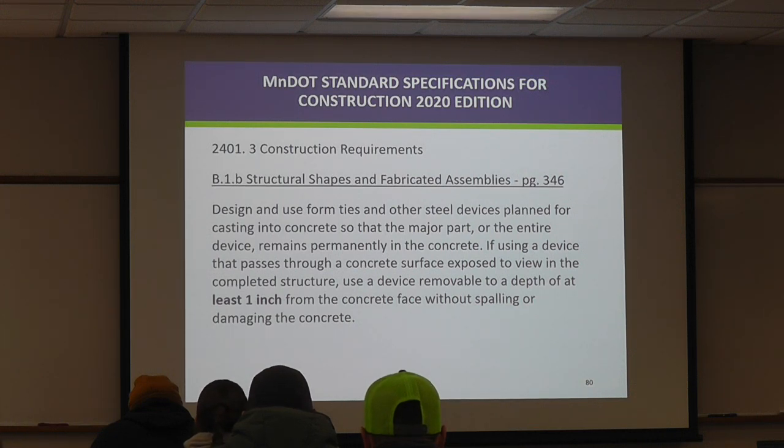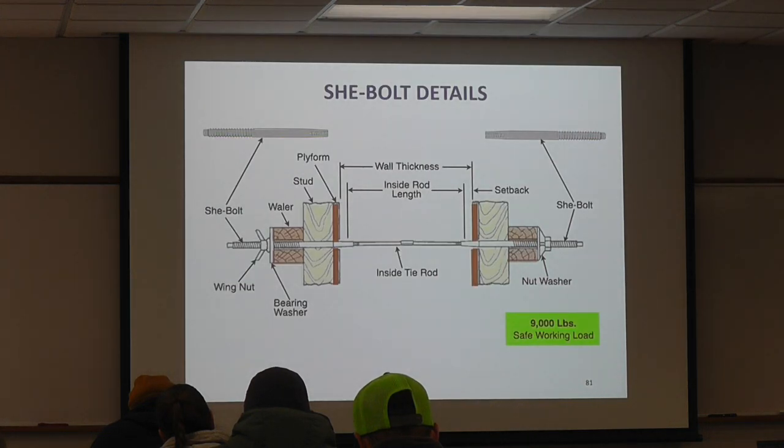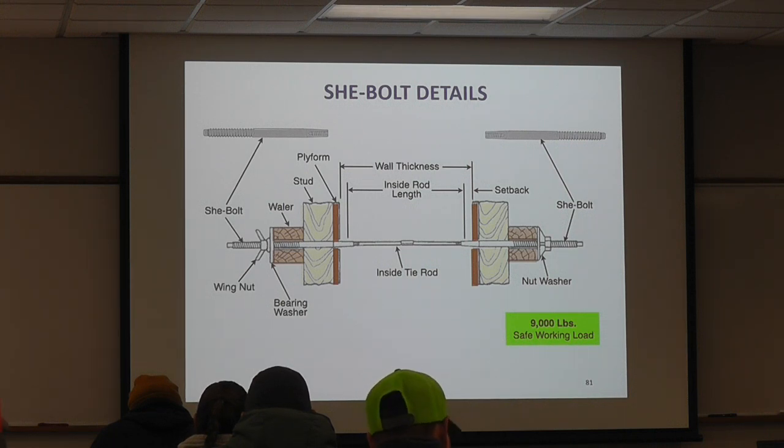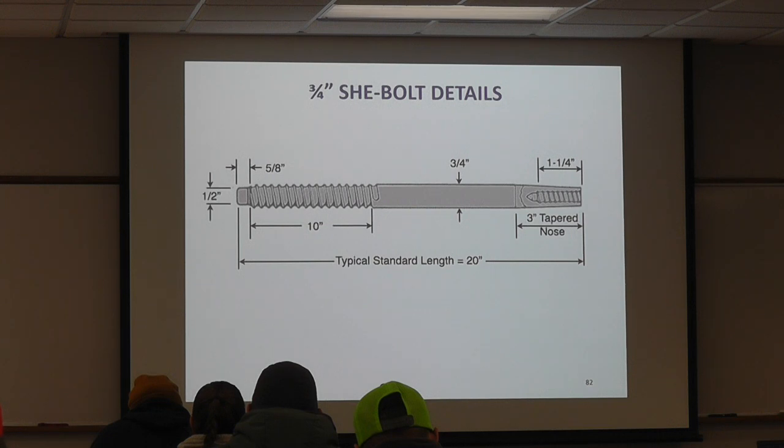So this is again talking about that 3B1B, to remove all devices so that it has to be at least 1 inch, as shown on the bottom of this slide. And again, there's many different types of configurations, this shows a 9,000 pound safe working load. That's going to come from the manufacturer's literature. So just some details of what some of the hardware might look like.